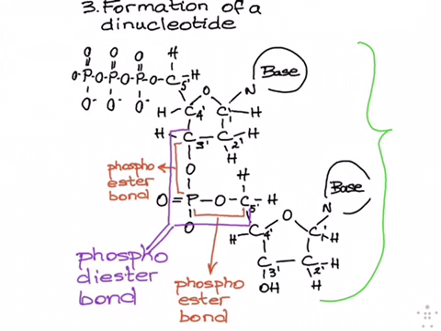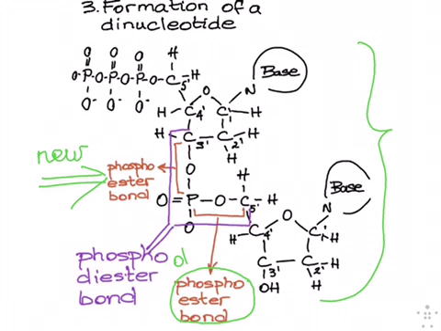I will show you and point out that a phosphoester bond already existed, but the important one is the formation of the new phosphoester bond between one nucleotide and the other. This one is the old phosphoester bond, and this one is the new phosphoester bond.